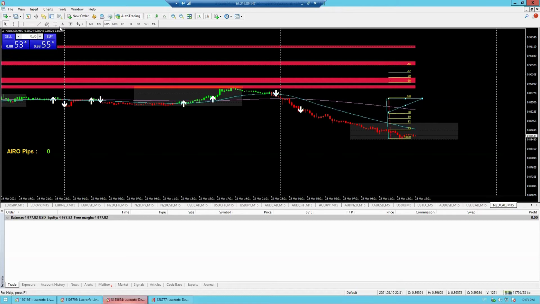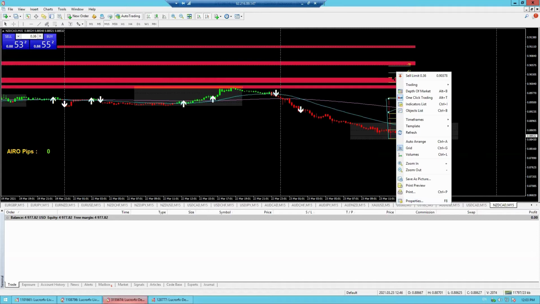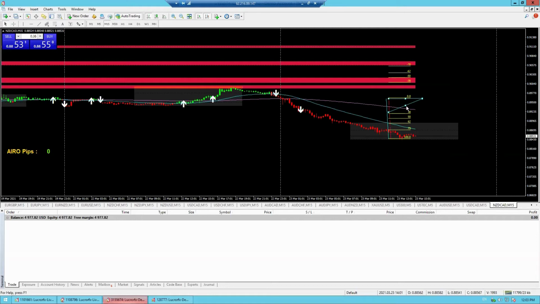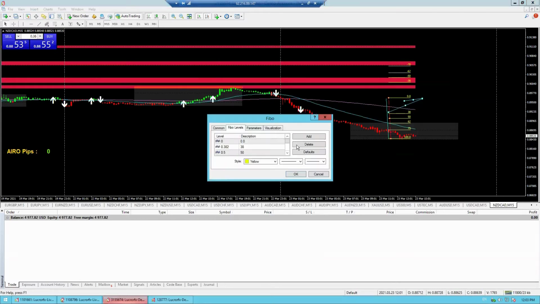I usually draw a little bit of a box right around that 78 area, if you have it marked. I don't know if I have it marked. Maybe I can mark it here. Fibonacci, and then I can add another level here. Add a level of minus 100. See if that does it.